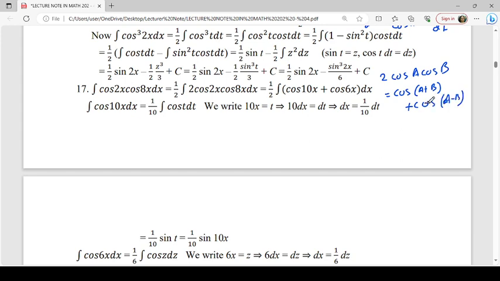We need to apply this result because we don't have a formula for this integration. So we need 2 here, so half is here, then 2 cos a cos b. So a is 2x, b is 8x, so it is cos 10x plus cos 6x. 2 plus 8 is 10, 2 minus 8 is minus 6, and cos of minus theta is cos theta, so it is cos 6x.